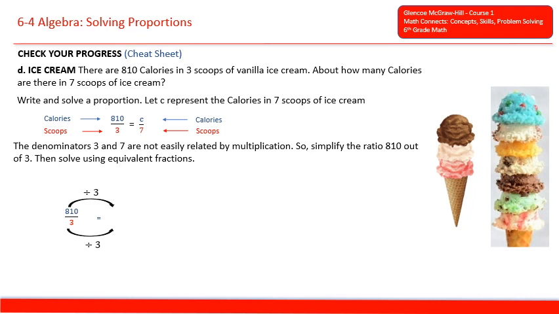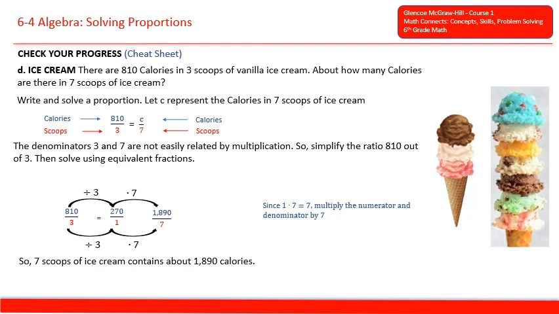So we'll divide both by 3, and we get 270 calories per scoop. Since 1 times 7 equals 7, multiply the numerator and denominator by 7. We'll get 1,890 over 7. So 7 scoops of ice cream contains about 1,890 calories.